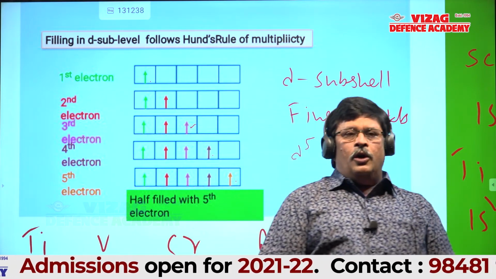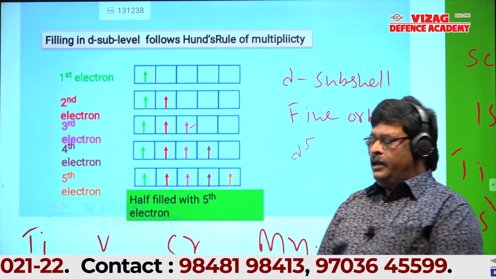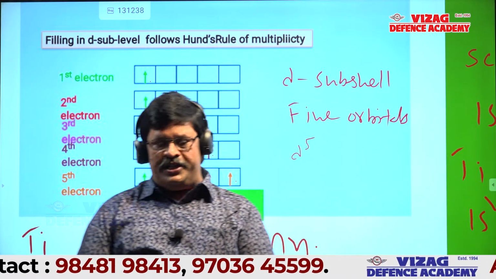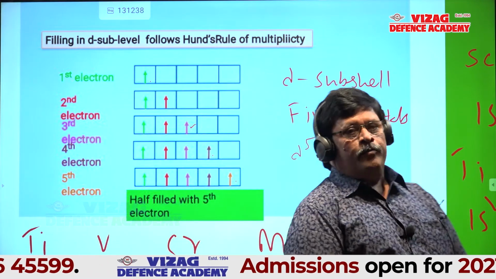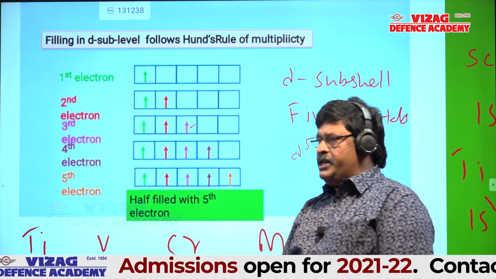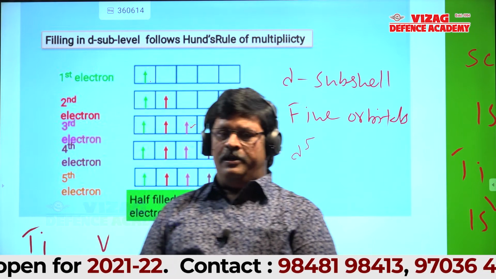Okay. So the d subshell accommodates 5 orbitals and 10 electrons, and all the 5 d orbitals are degenerate. According to Hund's rule, pairing takes place in degenerate orbitals only after all the orbitals are half filled.